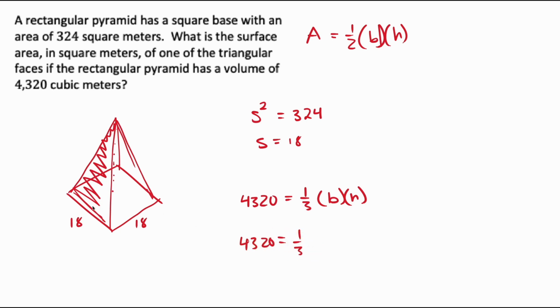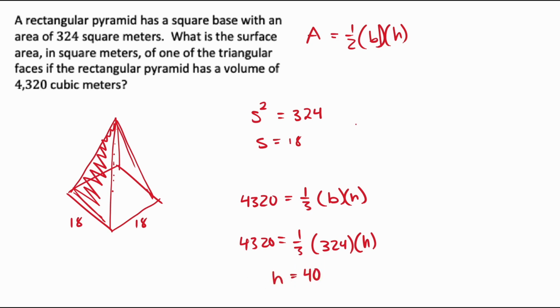And we know that the area of the base is 18 squared, or just 324, because that was actually given in the problem. So from here, we can actually solve for the height of the pyramid. So if you just do 324 divided by 3, then we get 108, and then divide 4,320 by the 108, and that gives us the height of the pyramid being 40.